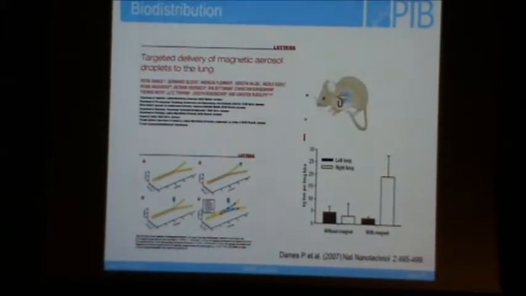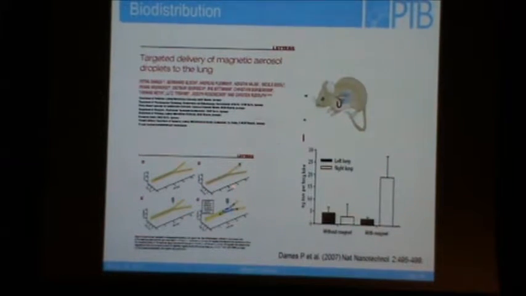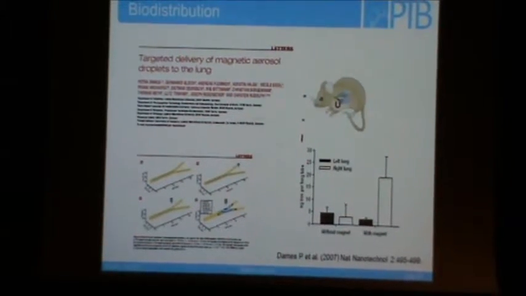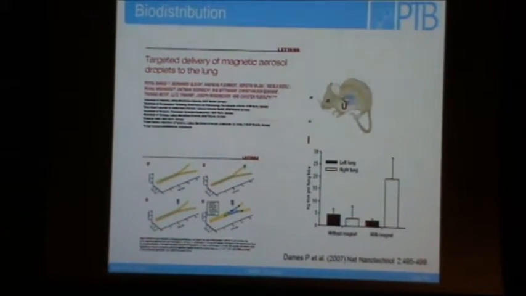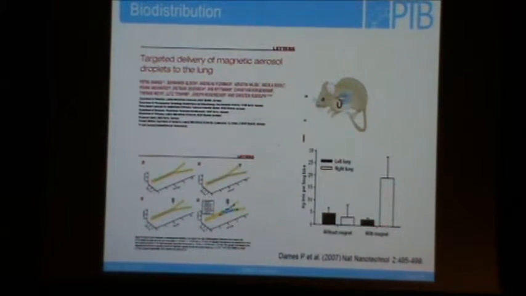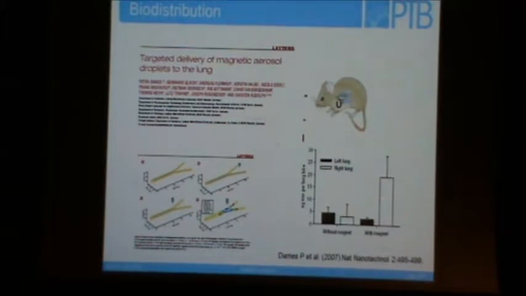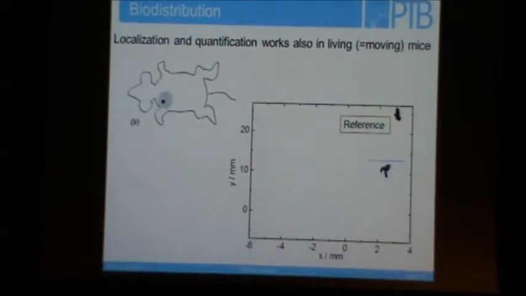And there's a couple of studies that have been taking place with magnetorelaxometry, where we could show, in this case on a mouse lung, when magnetic drug targeting is done, this was a study by a group of Carsten Rudolph in Munich, that the magnet focuses the magnetic nanoparticles to the right lung where the magnetic field was applied, and we can measure this very precisely with magnetorelaxometry.